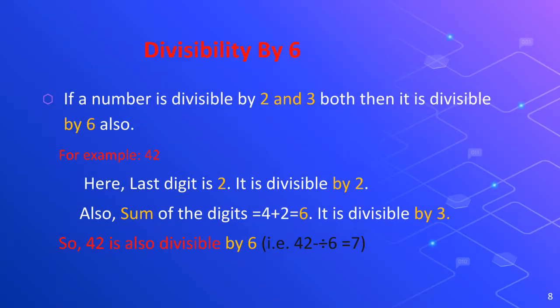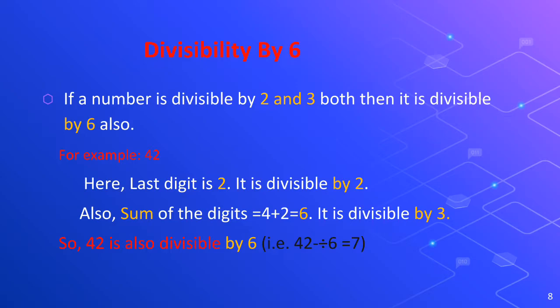Next one, divisibility by 6. It's a very easy one. If you know the test for divisibility by 2 and 3, you can find divisibility by 6. If a number is divisible by 2 and 3 both, then it is divisible by 6 also.